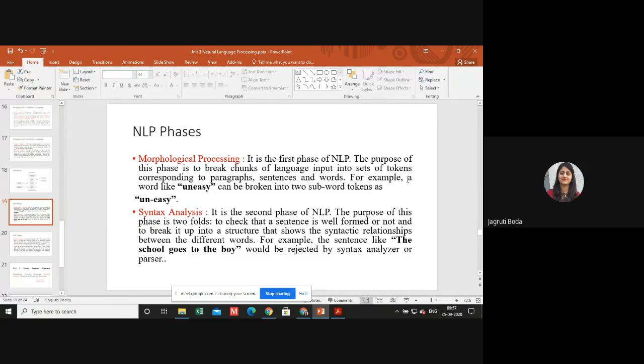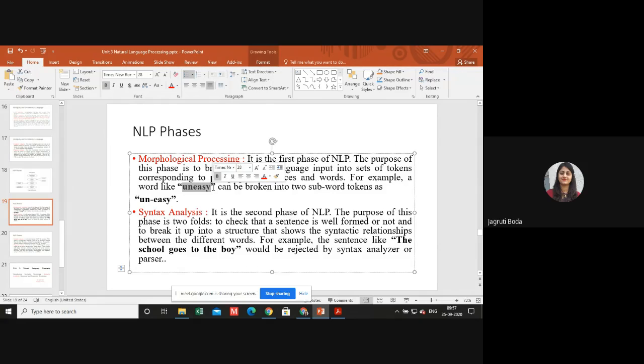Okay, and they also convert. Suppose we are writing this type of sentence. Example: a word like uneasy can be broken into two subwords like un and easy. Okay, so it also converts this type of joined word into separate format, un and easy.